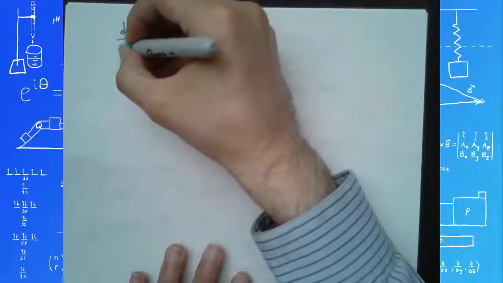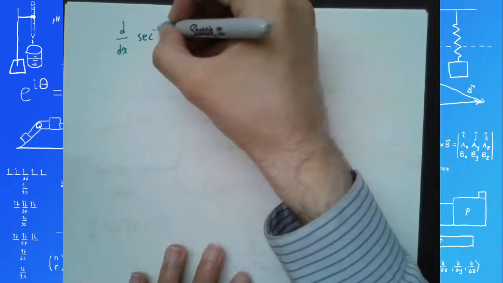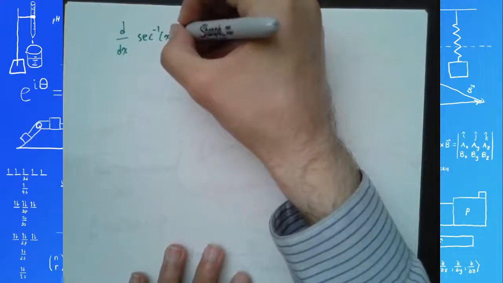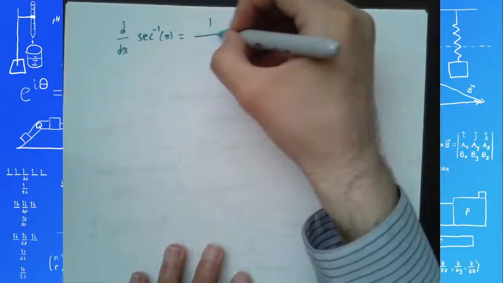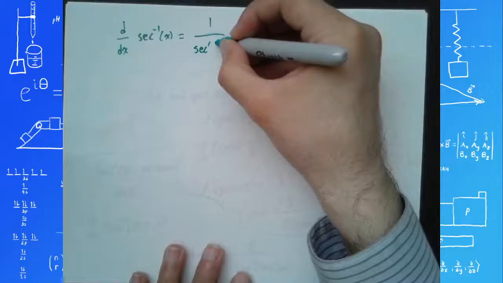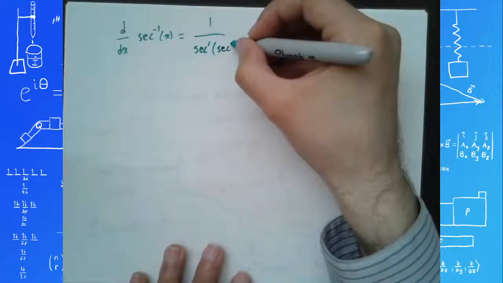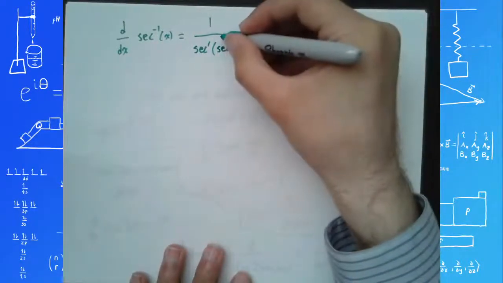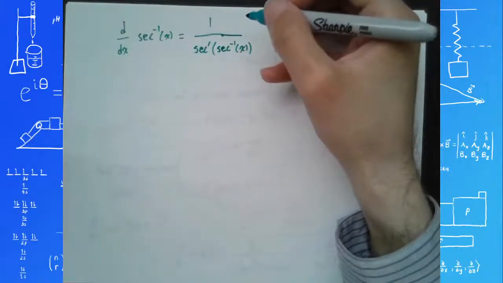What is the derivative of inverse secant of x? Well, it would equal 1 over secant prime of inverse secant of x, according to our inverse function derivative rule.